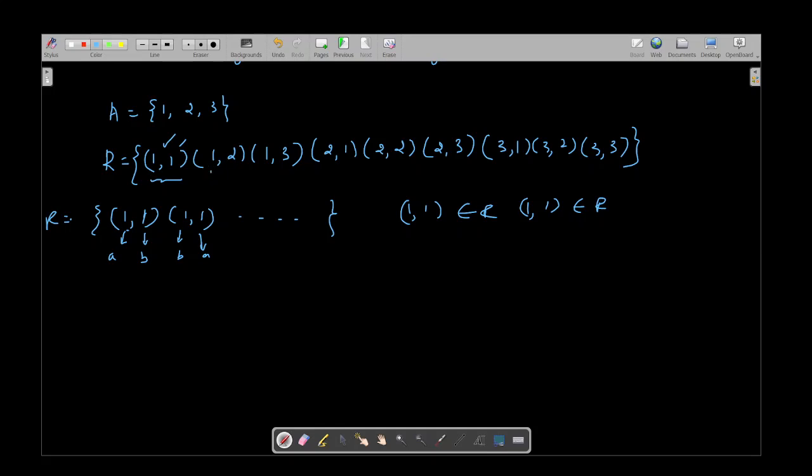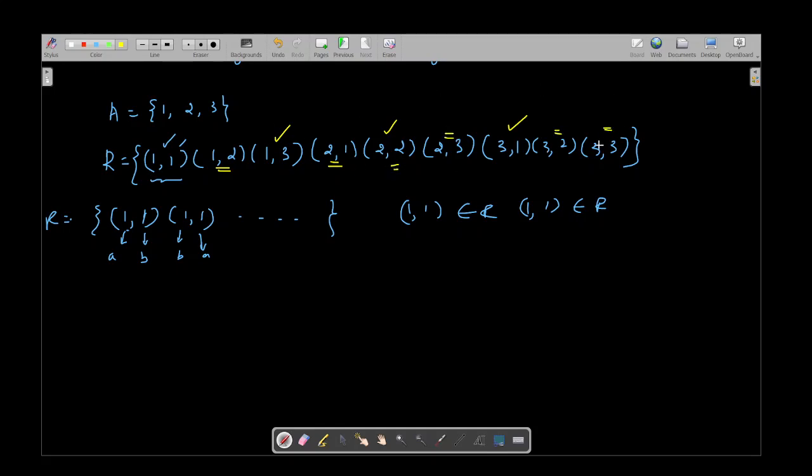So we need to check for (1, 2). For (1, 2) we already have (2, 1). So this is done. For (1, 3) we have (3, 1). For (2, 2), it can be paired with itself. So this is fixed. For (2, 3) we have (3, 2).